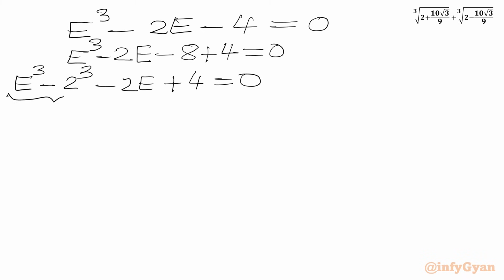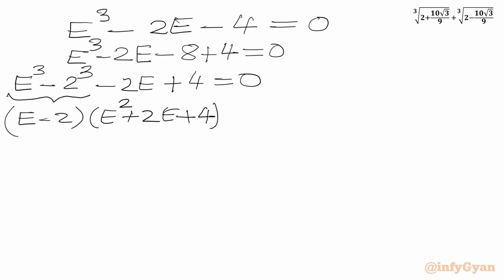Now here I can use the a cube minus b cube identity. So I will write here e minus 2 in one bracket. In the other bracket, e square plus 2e plus 2 square, which is 4. Then from these two terms I can take minus 2 common out. So in the bracket we can write e minus 2 equal to 0.